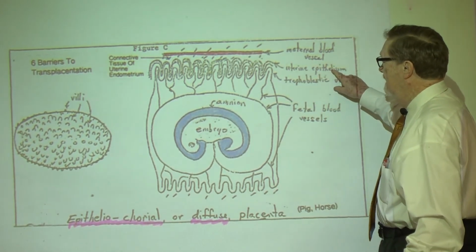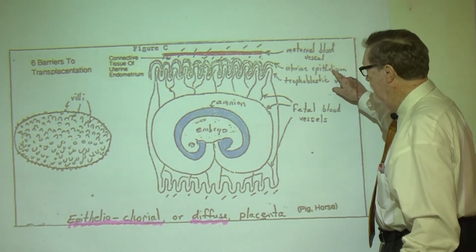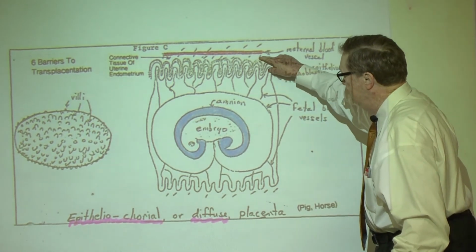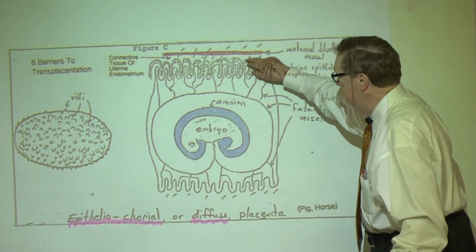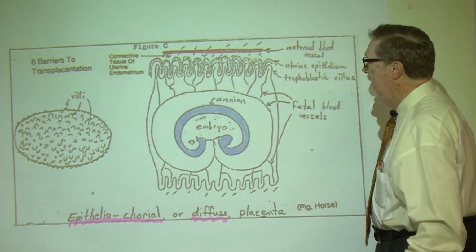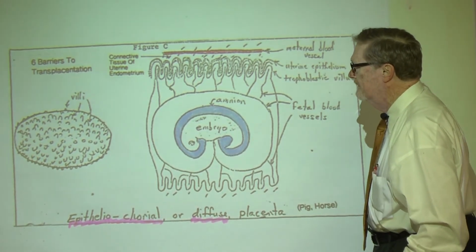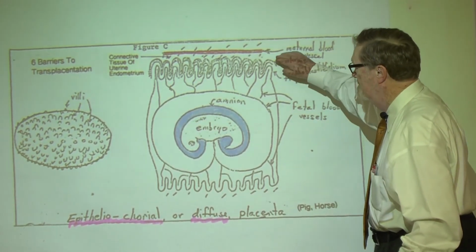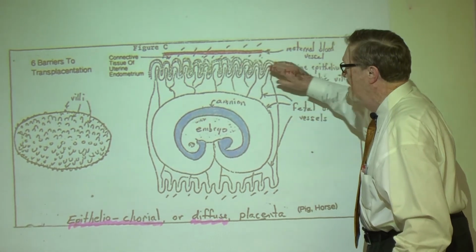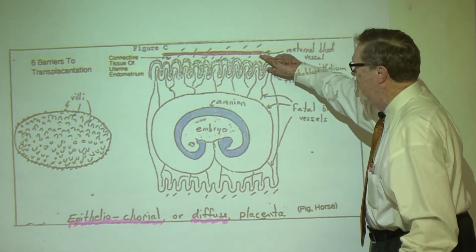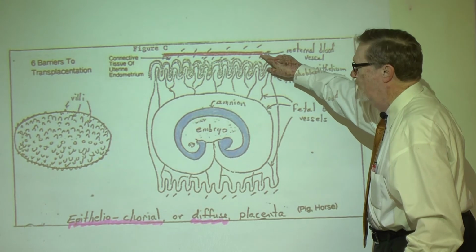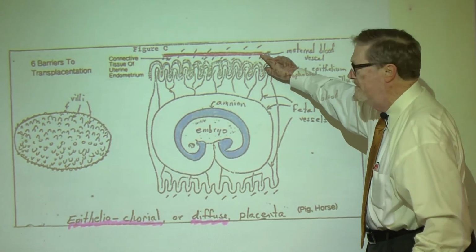Okay? Inside of that, there is this layer right there of connective tissue of the uterine endometrium, endometrial tissue right here. And inside of that, there's the third barrier, which is the wall of the maternal blood vessel right there.